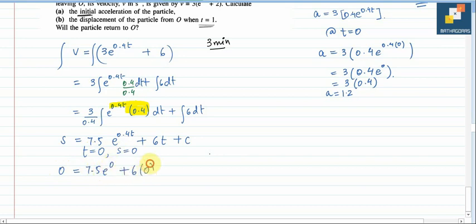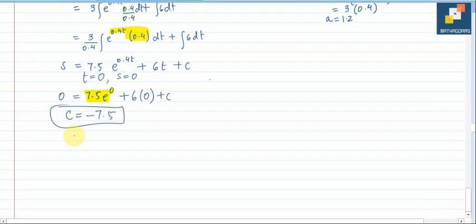So this portion here won't be a 0, because e to the power 0 is 1, right? So you got the value of c, it's minus 7.5. Now the expression for displacement is 7.5 e to the power 0.4t plus 6t minus 7.5.